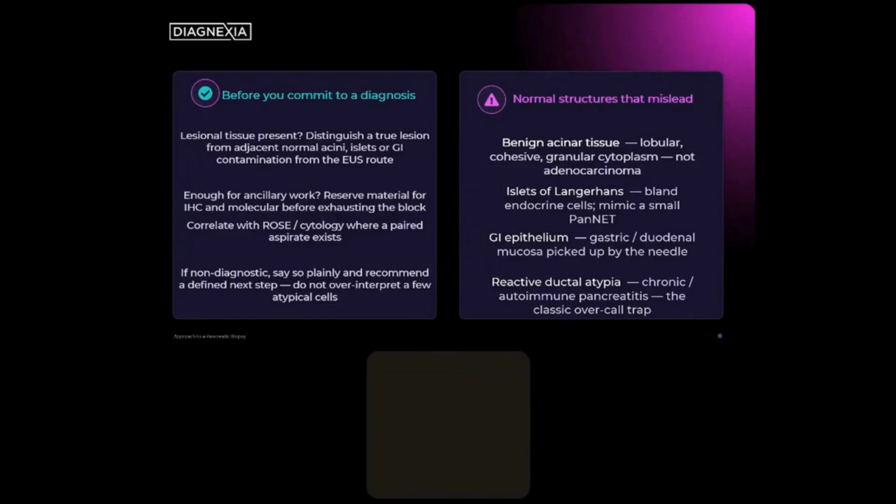I've already alluded to GI epithelium, either gastric or duodenal, being picked up by the needle and contaminating the tissue. So again, just be aware of that. And then reactive ductal atypia can occur in chronic pancreatitis, autoimmune pancreatitis. Just remember, don't overcall. I think it's better to err on the side of benignity than malignancy.